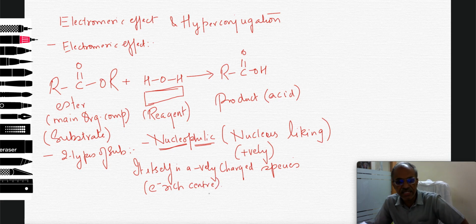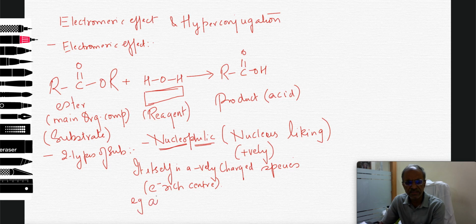For example, alkenes, that is C double bond C. This double bond or pi bond is nothing else but rich in electrons. It will easily react. So this is an electron rich center, so it is a nucleophilic center.